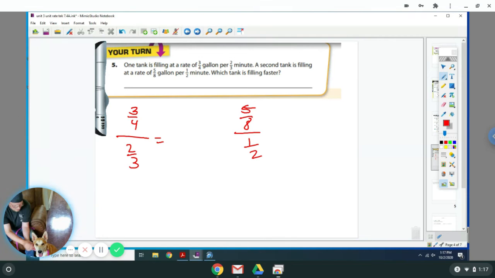So you're going to do 3/4 divided by 2/3, and you get 1.125, or as a fraction, 9/8. Then you do the same thing for tank B. So 5/8 divided by 1/2 will be 1.25, which is 5/4. So which one's filling faster is this one.